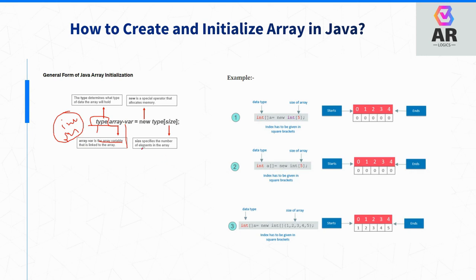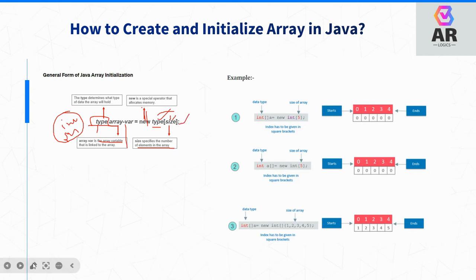Then the new keyword. New is a special operator for memory allocation, used for array memory allocation. Then the type again, and the size: how many elements, 5 or 6, 7, 8.